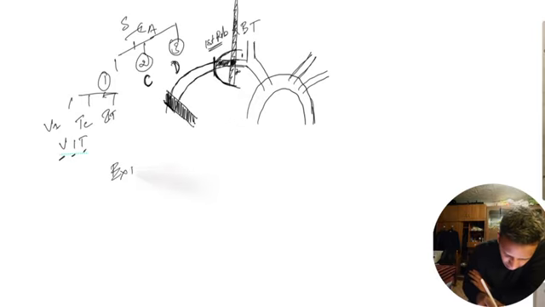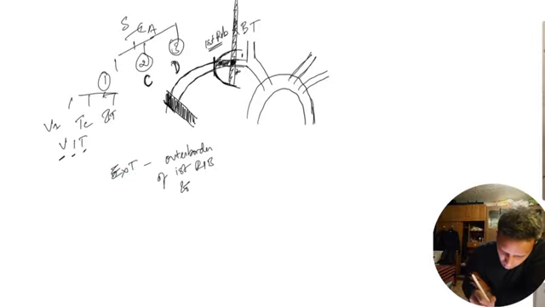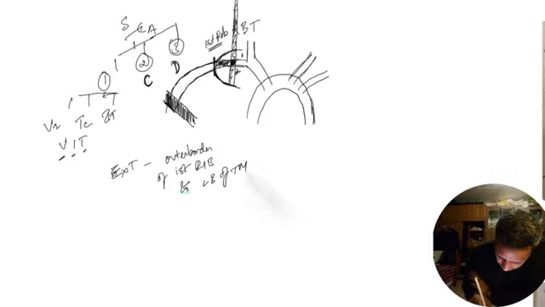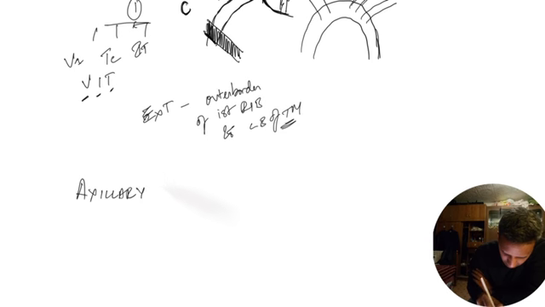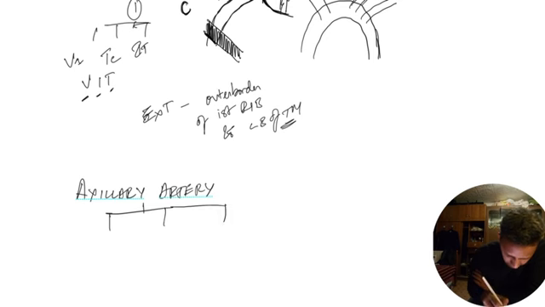So the extension is from the outer border of the first rib to the lower border of teres major. Now this axillary artery is also divided into three parts, 1, 2, and 3.